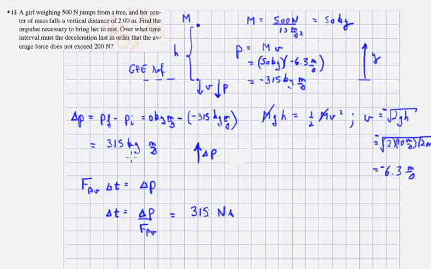Newton seconds now instead of kilogram meters per second, so I can get the right units for delta t. And then 200 newtons. And that gives 1.6 seconds. So note that this F-av is also up. F-av has to be in the same direction as delta p.